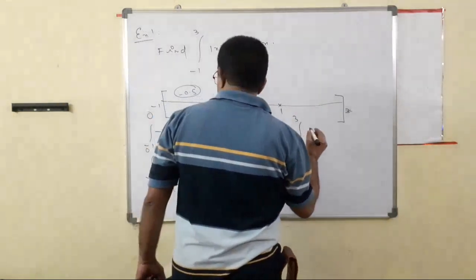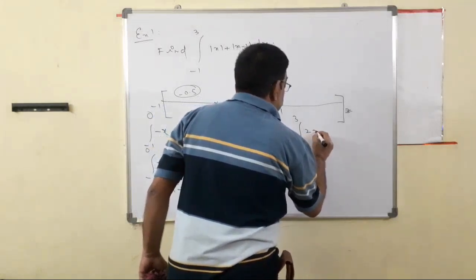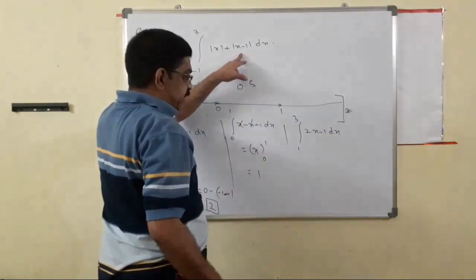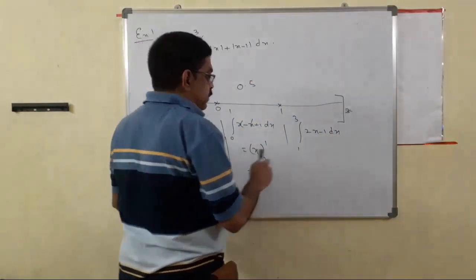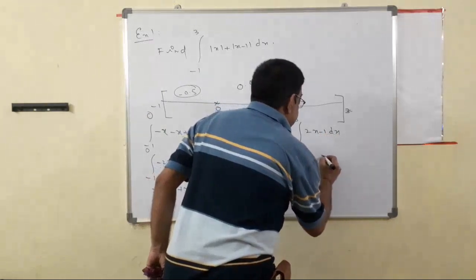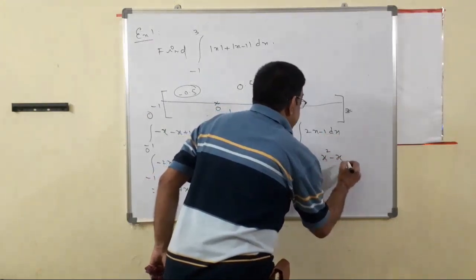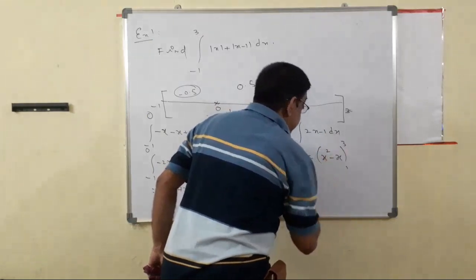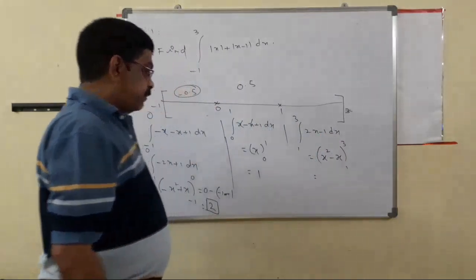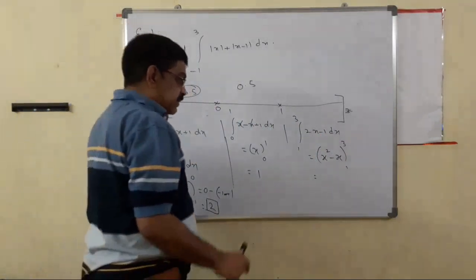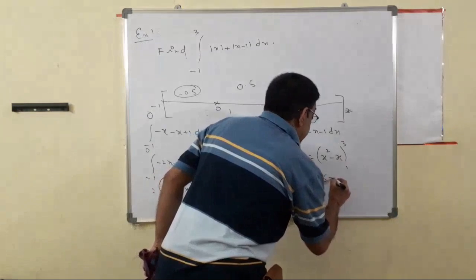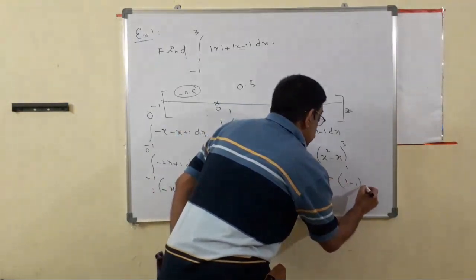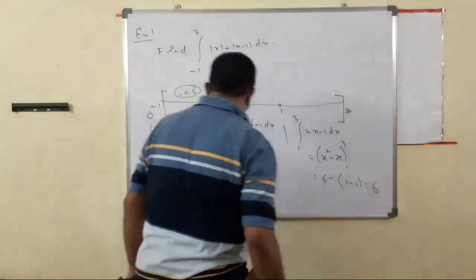So I get the integral of 2x minus 1 dx, which becomes x square minus x with limits from 1 to 3. The upper limit gives 9 minus 3, that is 6, minus the lower limit 1 minus 1, which is 0.